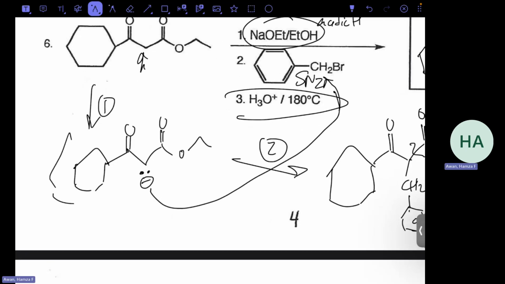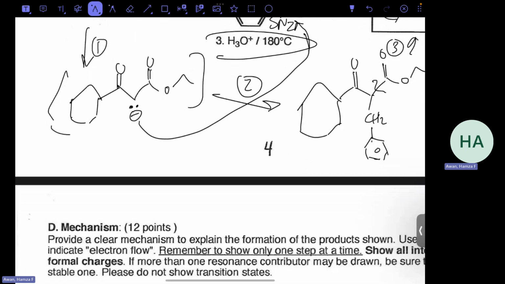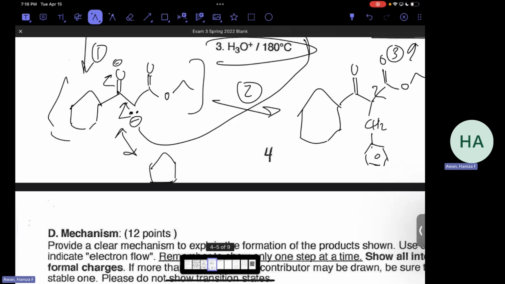I'm not sure if you do need to, but if you do need to, then it's good to show it anyway. The most stable is going to be whenever, let's say this goes over here, and then this is a minus charge now. Oxygen is the most electronegative atom, and whenever oxygen has that minus charge, it's going to have a full octet, right? So we'll have our O minus like this, single bond, O minus, and this will be right here.